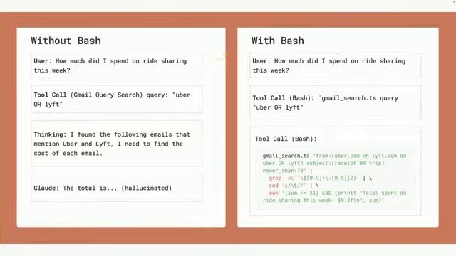Or with Bash, let's say there's a Gmail search script that takes in a query function. You can save that query to a file or type it. You can grep for prices, and then add them together. You can check your work too.